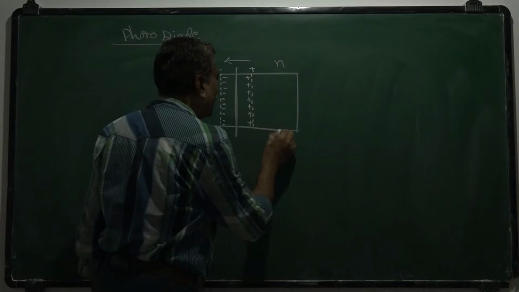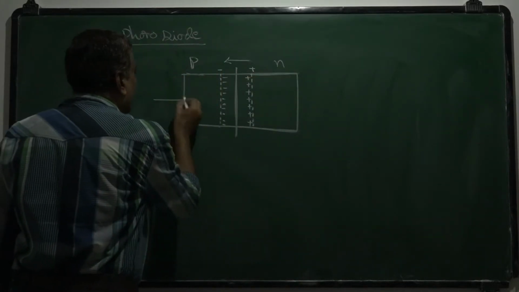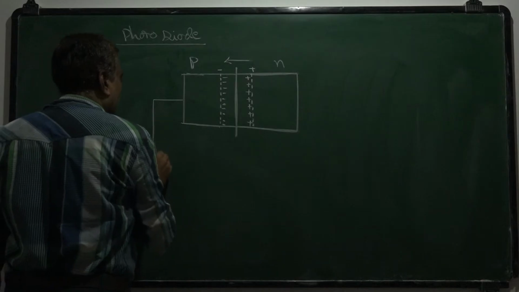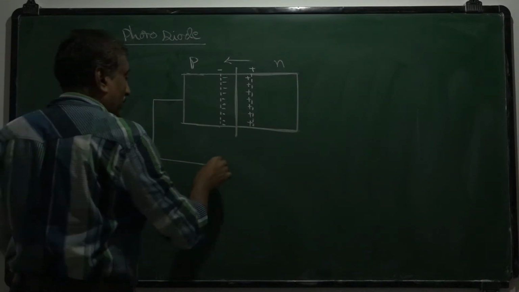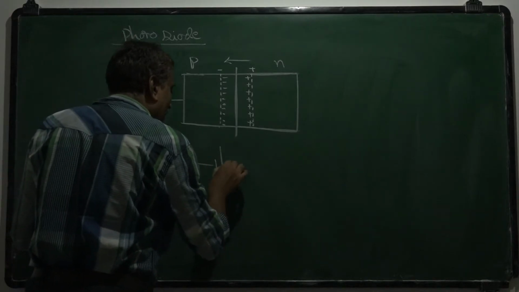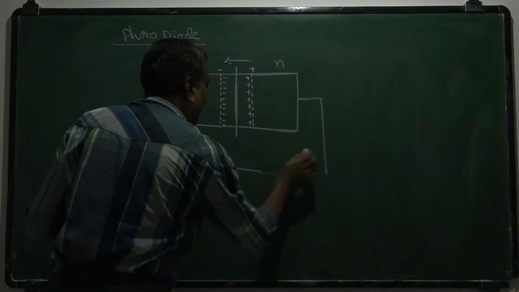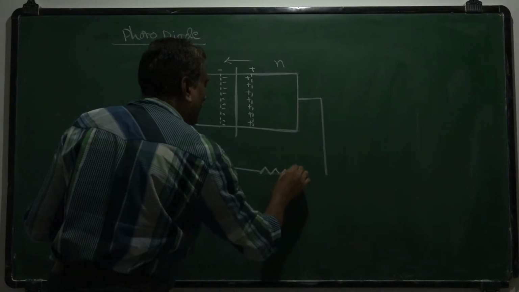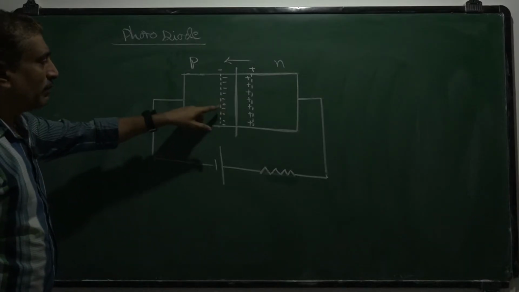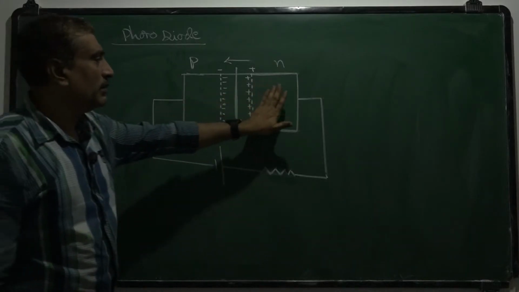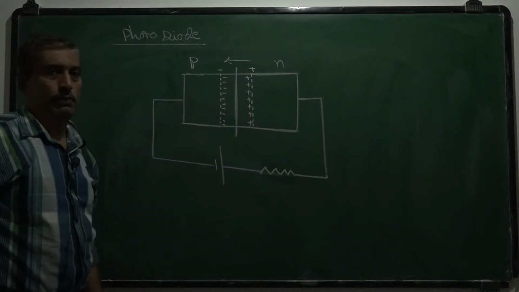Now if we make this PN junction reverse bias, that means connecting the negative terminal of the battery to the P type and the positive terminal to the N type, you will get a reverse bias mode.